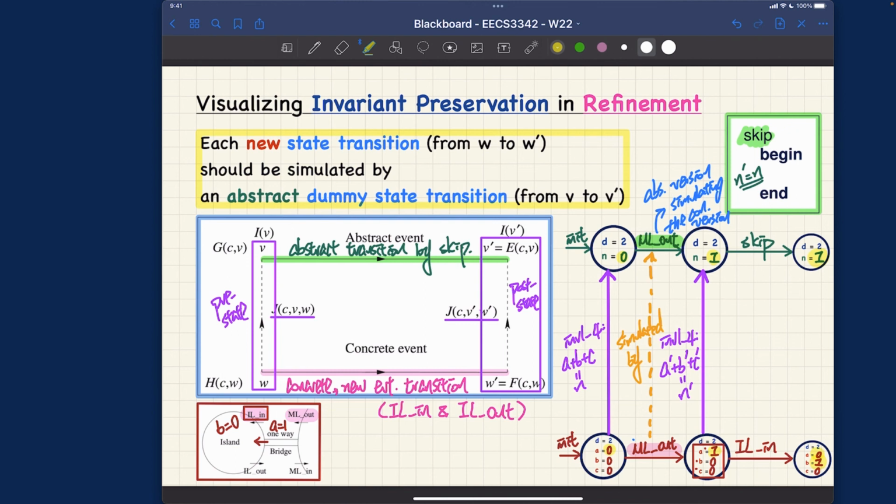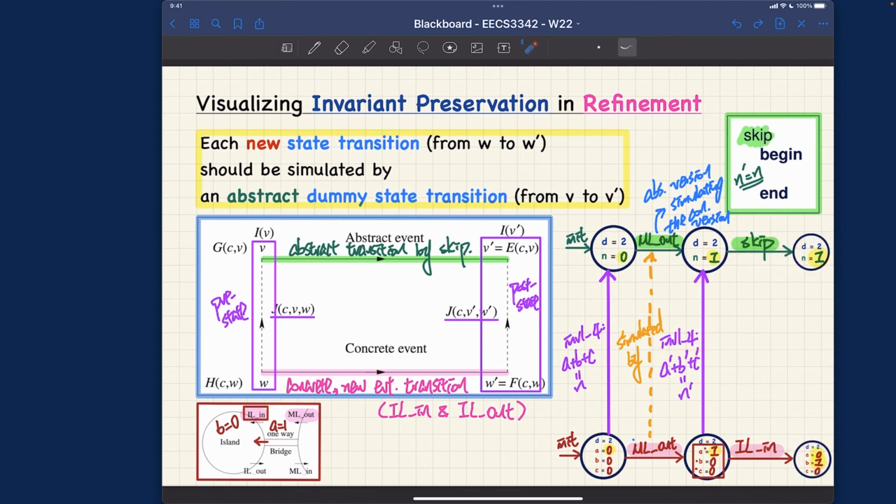All right? Alrighty, so before we check that, let me highlight it. So this will be the concrete event that's new, and also this part here is the corresponding abstract counterpart, the dummy event. Now we should do the final most important check, which is to make sure the resulting states from the concrete event and also the resulting states from the corresponding abstract counterpart, which is the dummy event, these two, are still related by the invariant number 4, the concrete invariant.